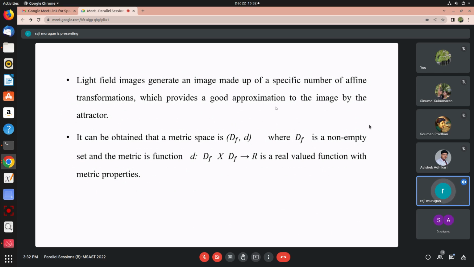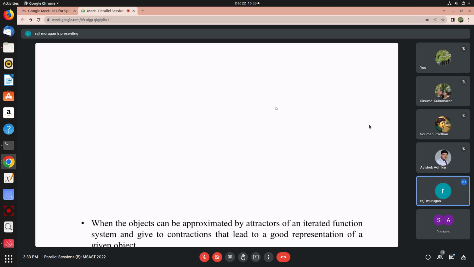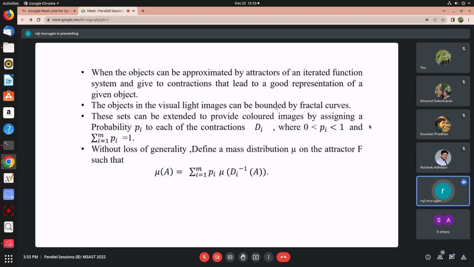It can be obtained that a metric space is (F, d), where F is a non-empty set and the metric is a function d from F times F to R, a real valued function with metric properties. When objects can be approximated by attractors of an iterated function system and given contractions, they lead to a good representation of the given object.